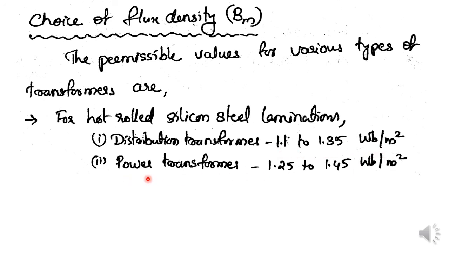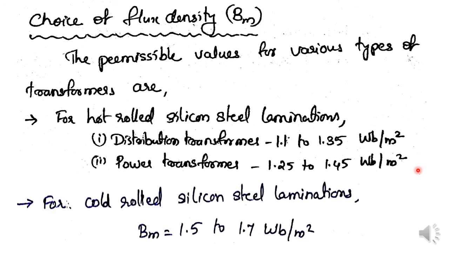And for power transformers, it can be from 1.25 to 1.45 Weber per meter square. But if we are using cold rolled silicon steel laminations, then the flux density will be equal to 1.5 to 1.7 Weber per meter square. These are the typical range of values that can be selected for the maximum flux density.